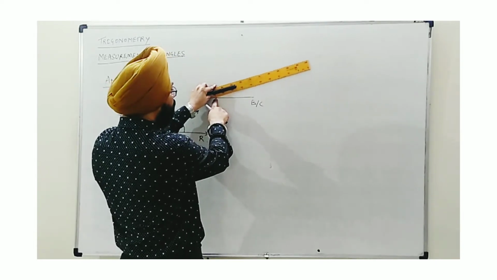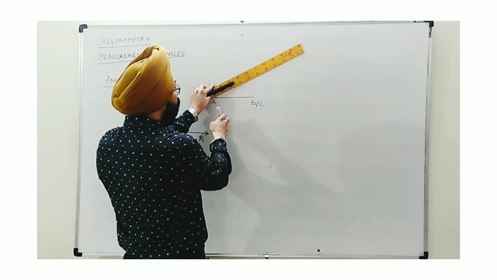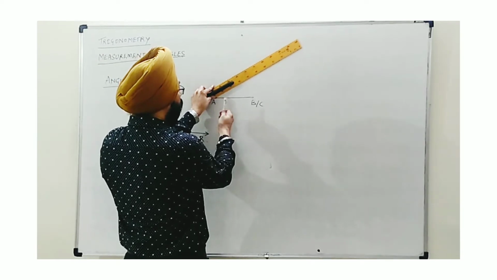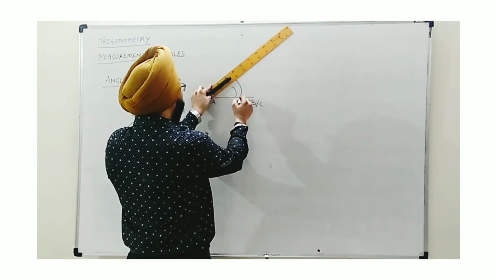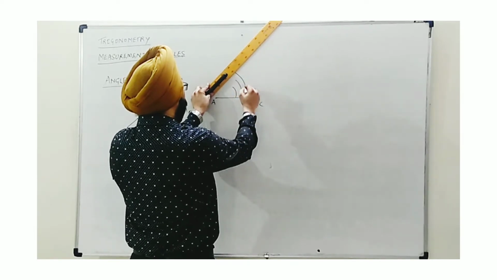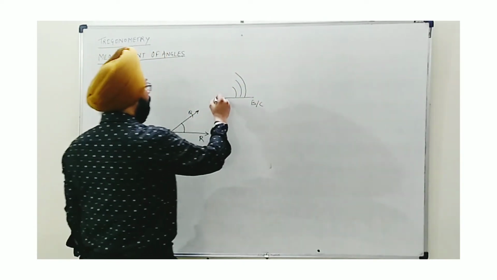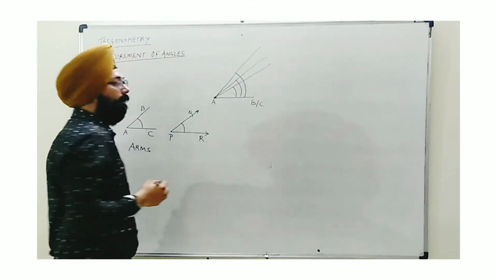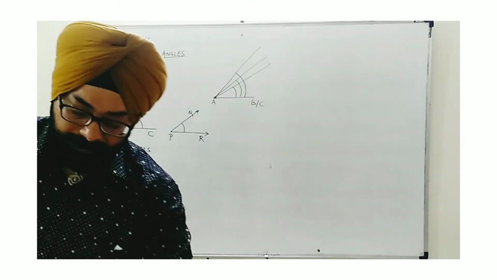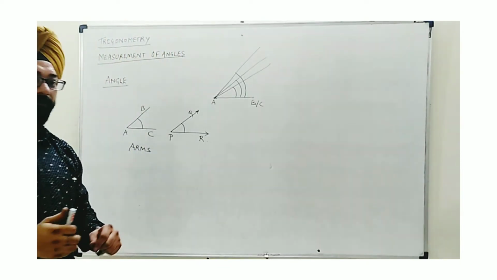So this starts moving in anti-clockwise direction, so gap will be formed. So we measure this gap. As it is moving, this gap is increasing. This way we can see in different positions angle is being formed. So anti-clockwise direction is the positive direction for angle.